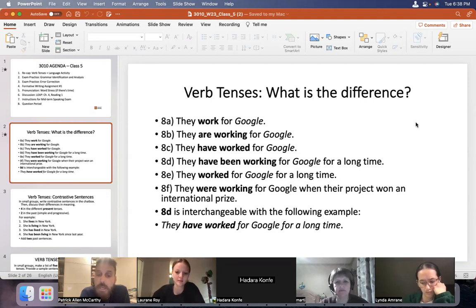Present progressive. Excellent. You said it in unison. Very good. Present progressive, and we can say present continuous. It means the same thing. There are synonyms. But if we say they are working for Google, what is the context?